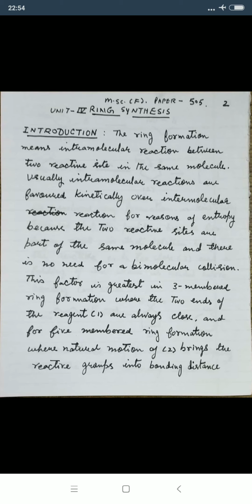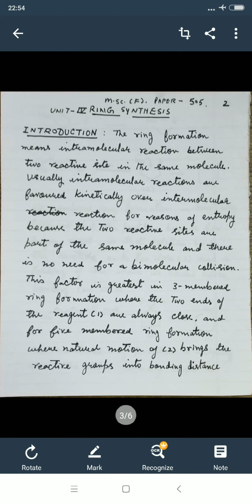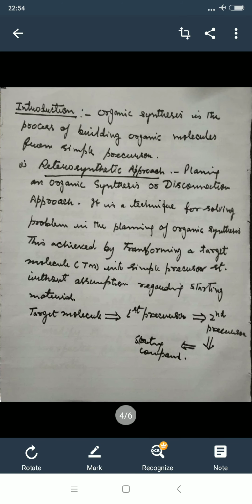Because the two reactive sites are part of the same molecule and there is no need for a bimolecular collision. This factor is greatest in the three-membered ring formation, where the ends of the reagent are always close, and for five-membered ring formation, where the natural motion of the chain brings the reactive groups into bonding distance.